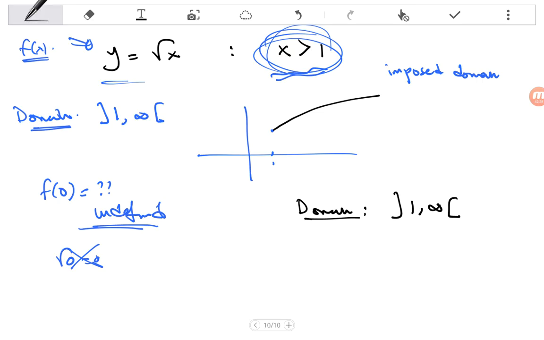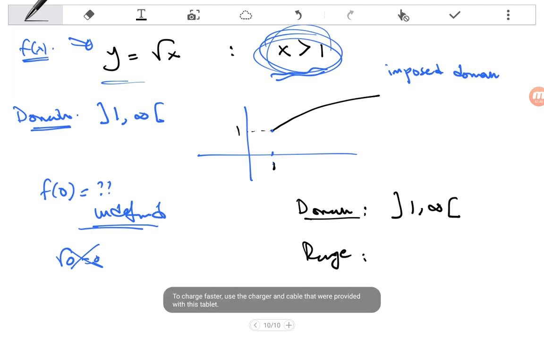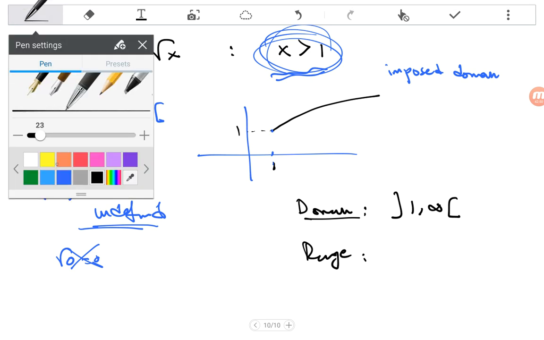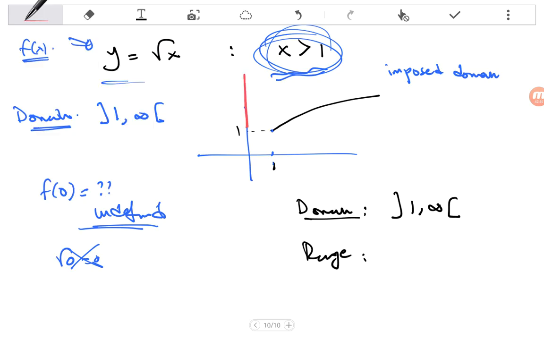What about the range of this function? We look on the y-axis, which part of the y-axis has a curve. At this point, this is 1. What is the output of this? It will also be 1. So the range of this function is that part of the y-axis, which will also be from 1 to infinity.